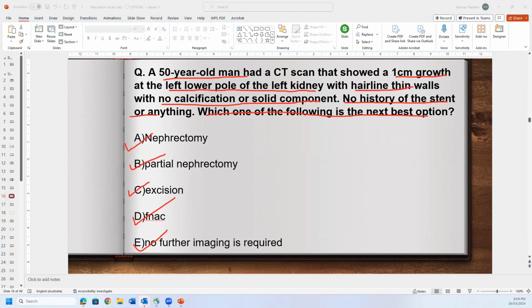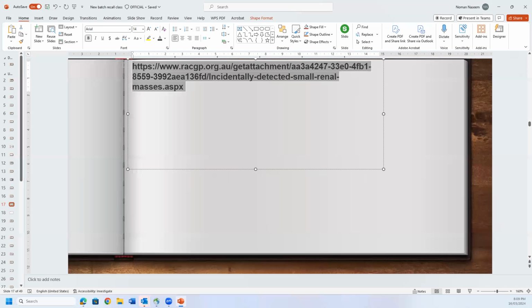Let me show you guys something that can help you to solve the question. So let's go through this first. It's a RACGP article for incidentally detected renal masses.